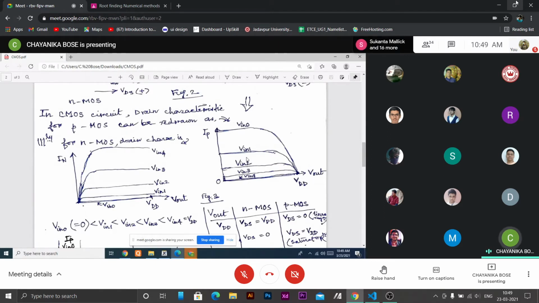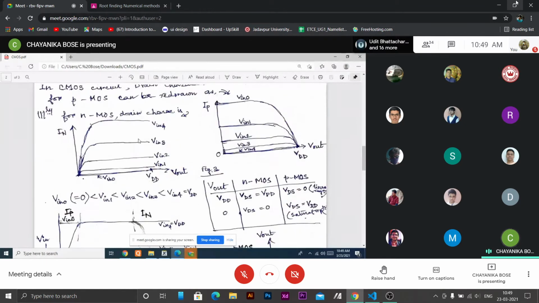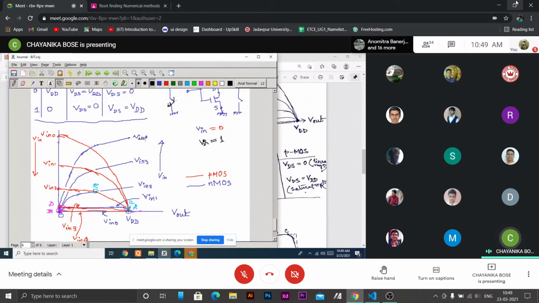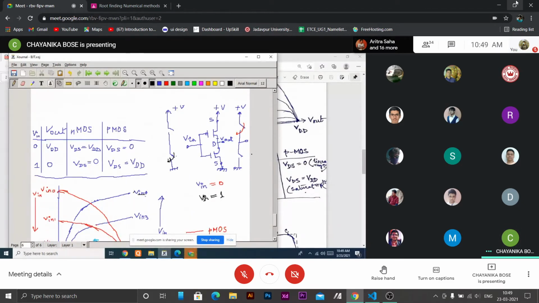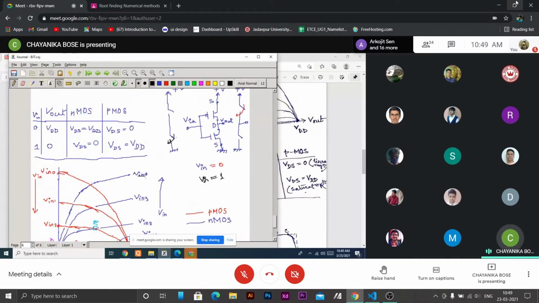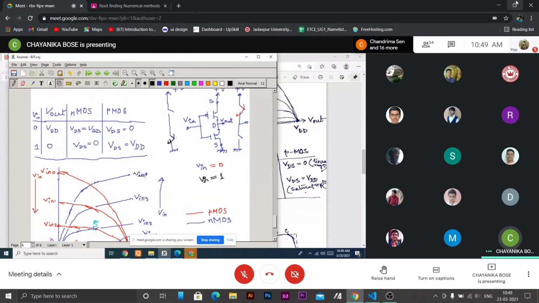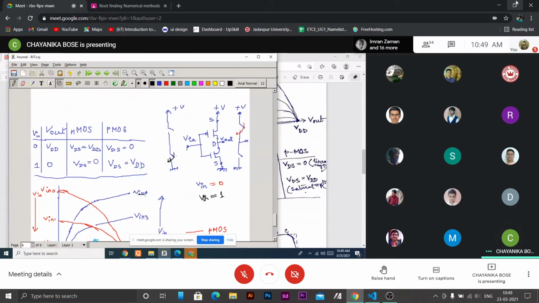So if we superimpose these two sets of curves, we get this one. The drawing here is bad, but you can understand from here since colors are used. This one, V input 0, then it gets gate to source voltage, so it will be on. So this red one, V input 0 means PMOS conducts.